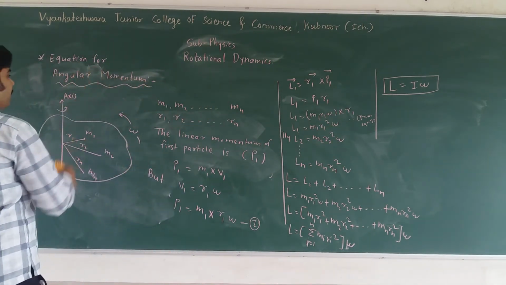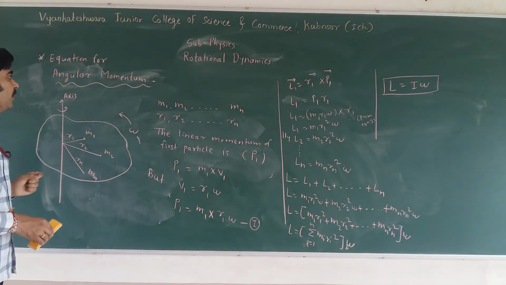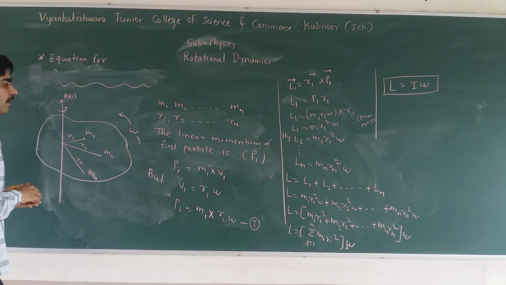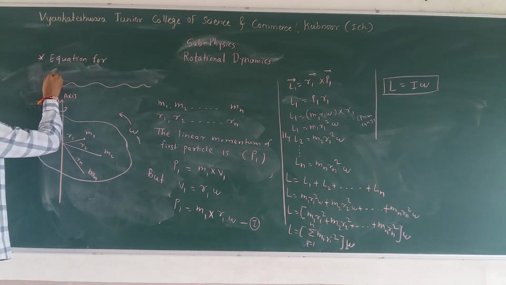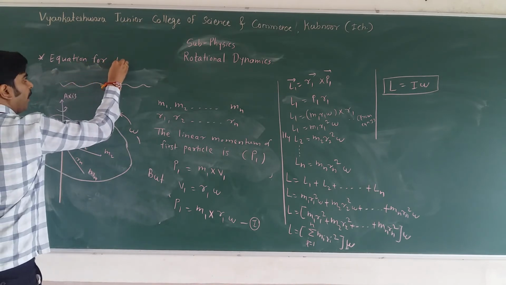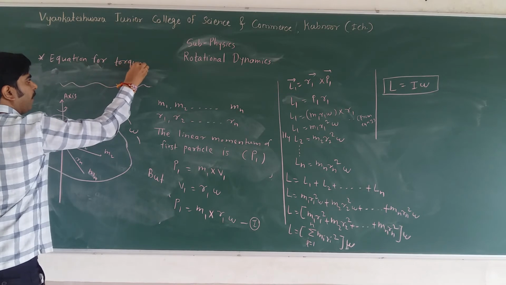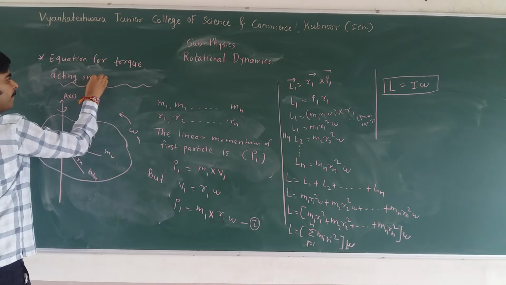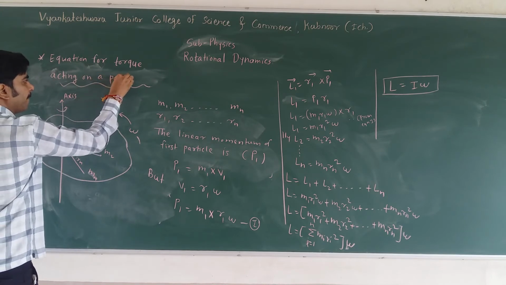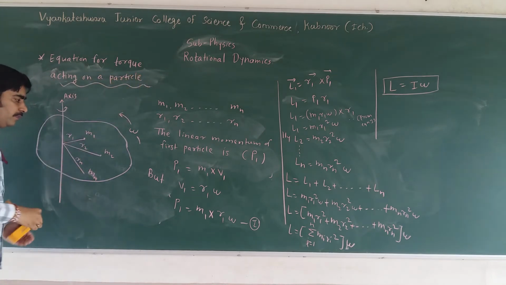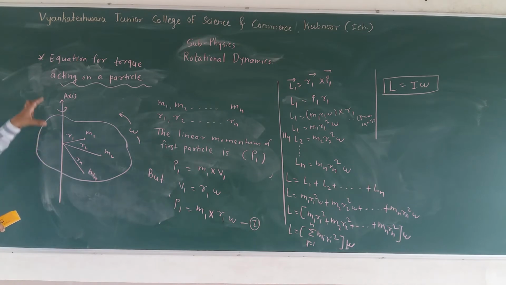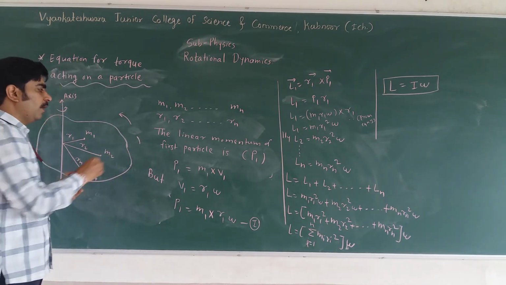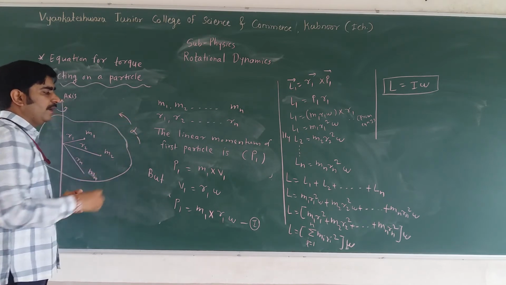Okay, now the next part which we are going to see is the equation for torque acting on a particle. Friends, for that also we should draw the same diagram, and here in the place of omega we write alpha.